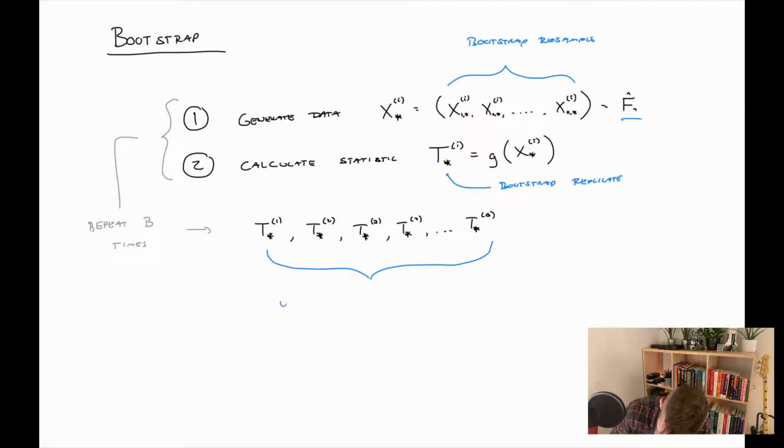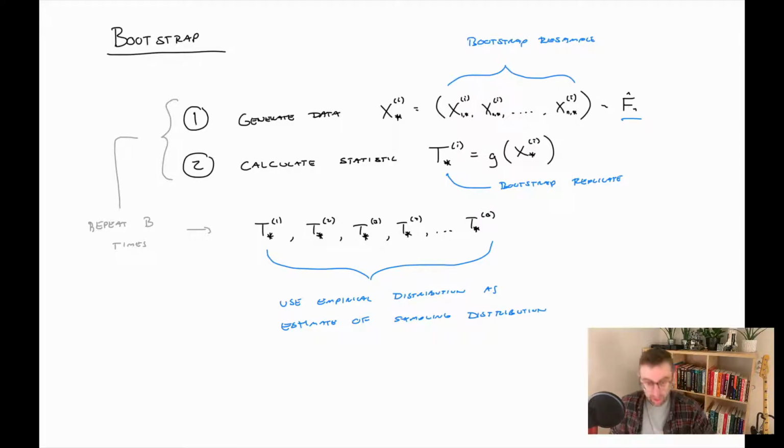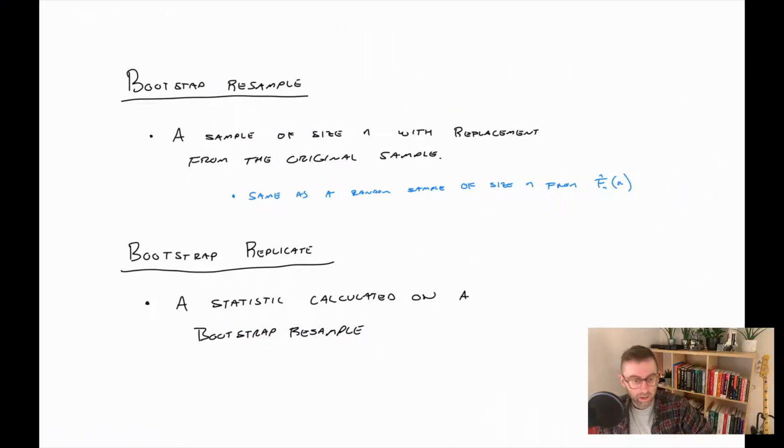So then we can use the empirical distribution of these as an estimate of the true sampling distribution.